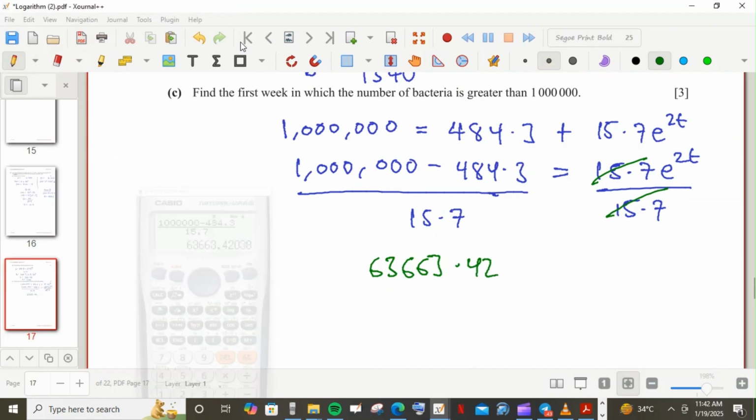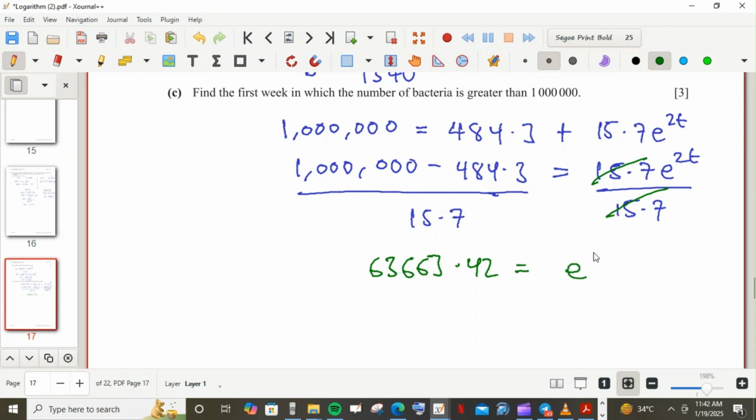All right, it is equal to e to the power 2t. So what do you think you can do here? You can find ln of both sides.